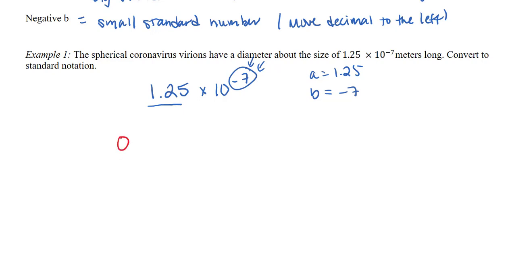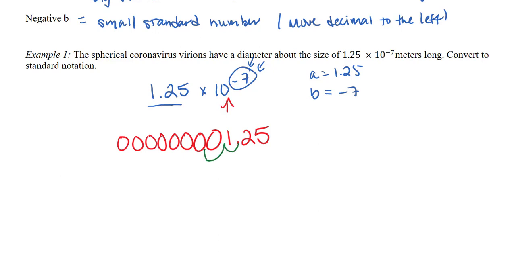So what I'm going to do is add zeros, and then I'm going to put 1.25, right? So we're not going to do this anymore because we're going to move the decimal to indicate this. So this is telling us how many times we need to move it over. So it's 7 times. Let's move it 7 times to the left because it's negative.